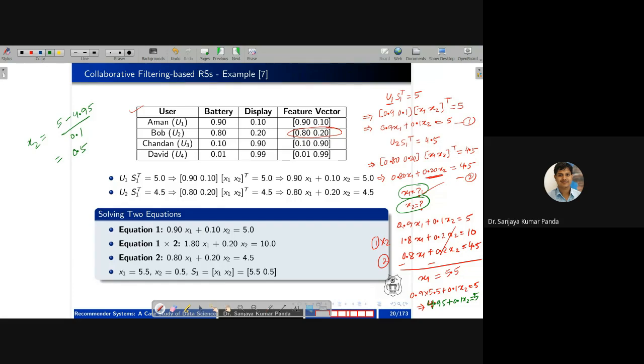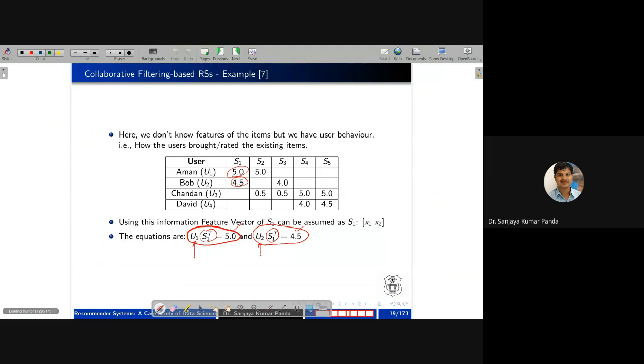For the user 2 case, if I go to the previous slide, for smartphone S2 feature, you can say U1 S2 transpose is equal to 5.0, and if I take this value, U3 S2 transpose is 0.5.